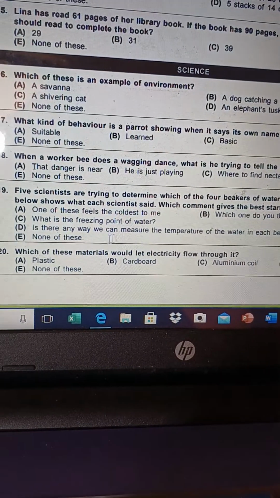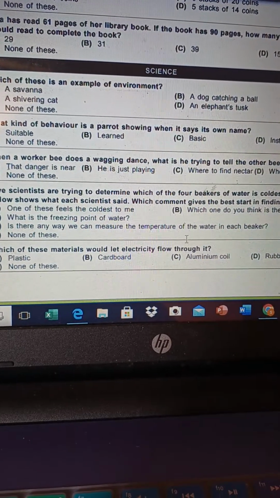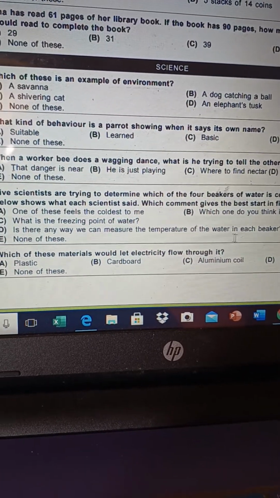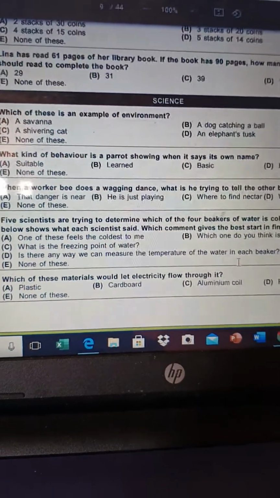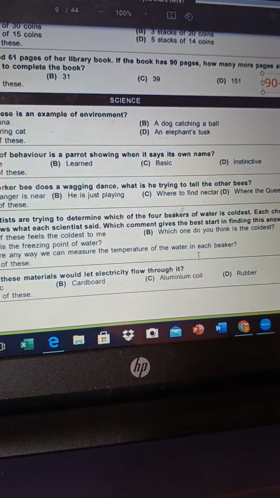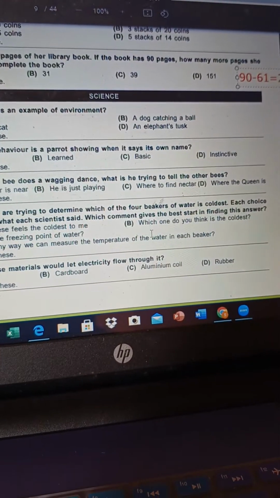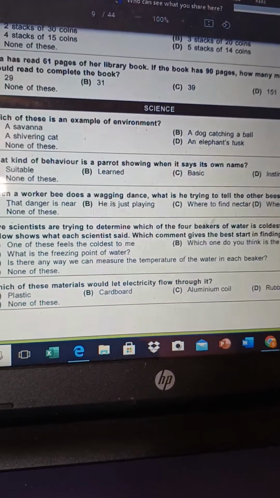So the correct answer will be, is there any way we can measure the temperature of the water in each beaker? This is the correct answer, because if someone is asking us to find out which beaker is the coldest, we cannot repeat the question as it is given in B. Which one do you think is the coldest?